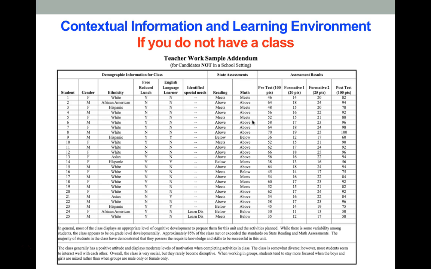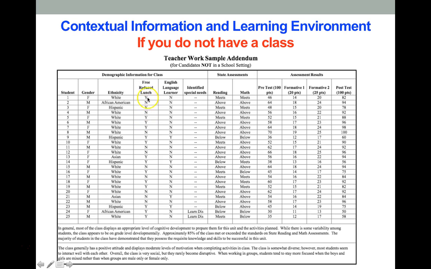When it comes to your classroom, we give you a fake classroom of 25 students. As you can see, we've given you the gender of each of your students, what the ethnicity of each of them is, and whether they are low SES. And low SES in most cases is defined by whether or not they're on free and reduced lunch.